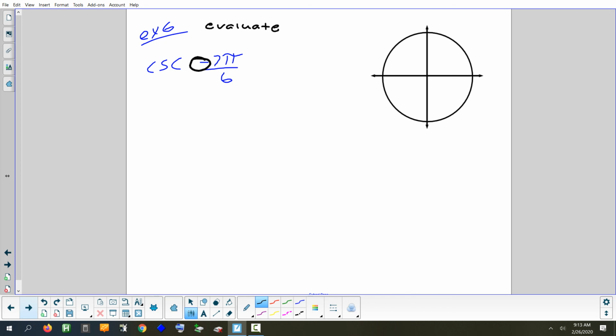That's negative 210. So then when you add 360 to it, you're going to get 150. So that's going to be the cosecant of 150. And the coordinate for that would be negative square root 3 over 2, comma, 1/2. And then go from there to find the cosecant.